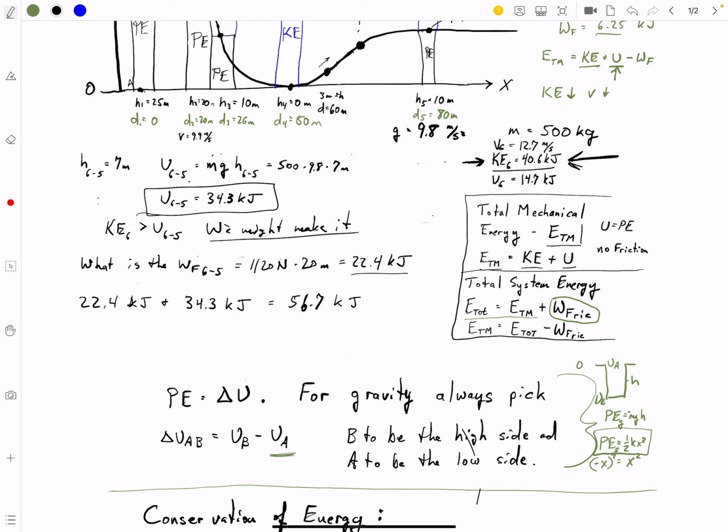So we are not going to make it. Our KE at 6 is less than 56.7 kilojoules. And because of that, we don't make it.